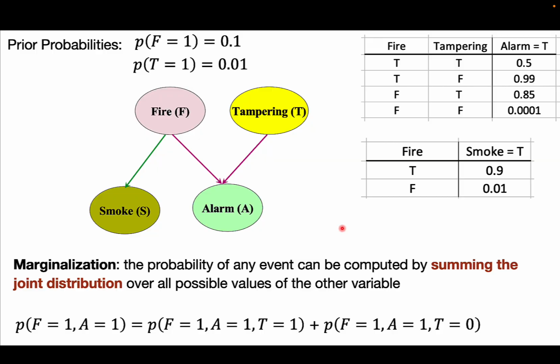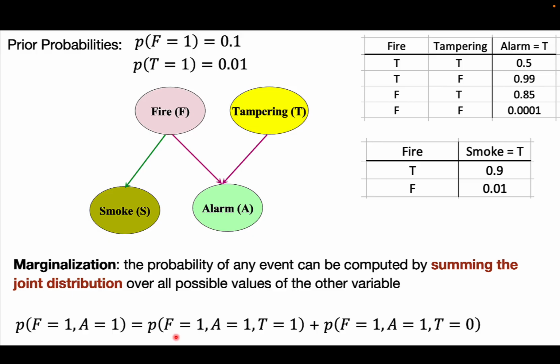Finally, marginalization means that the probability of an event can be computed by summing the joint distributions of all possible values of other variables. For example, suppose that we want to know the probability of fire occurring. We know that the alarm went off, but the alarm depends on both fire and tampering.